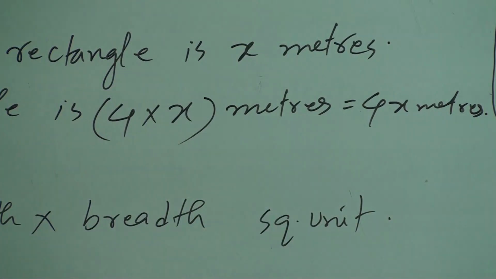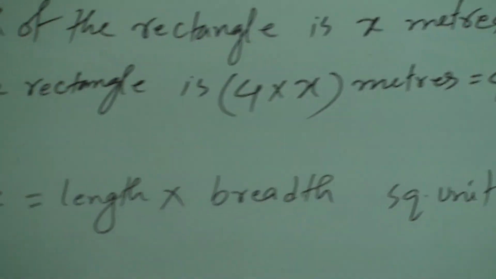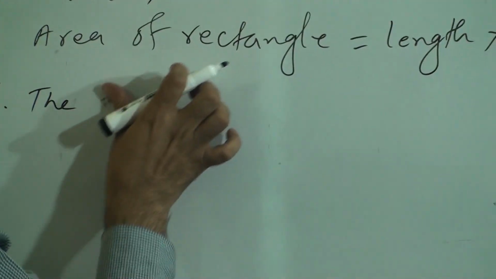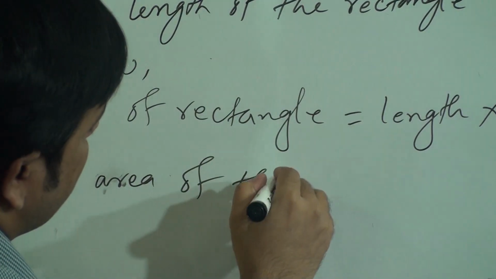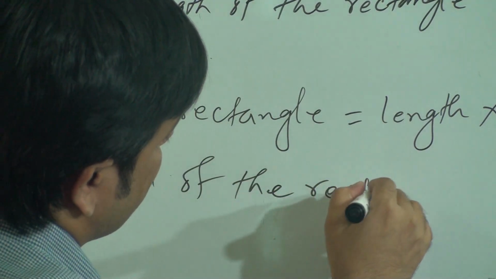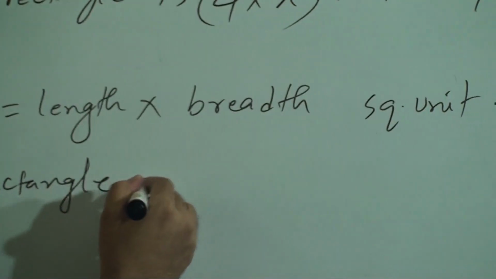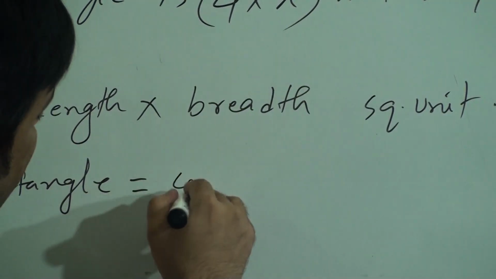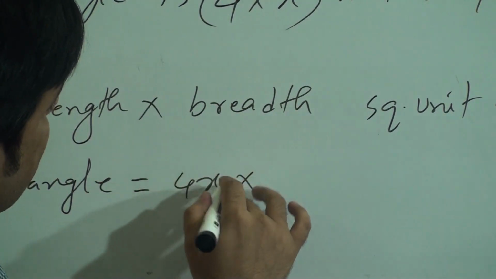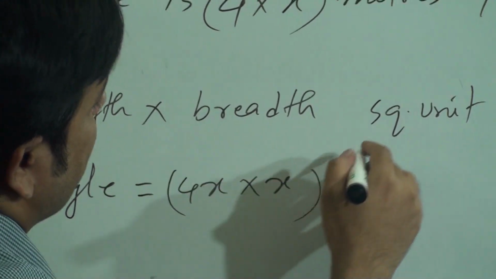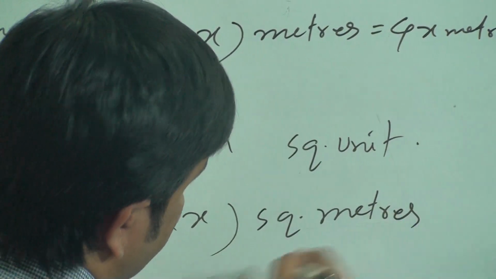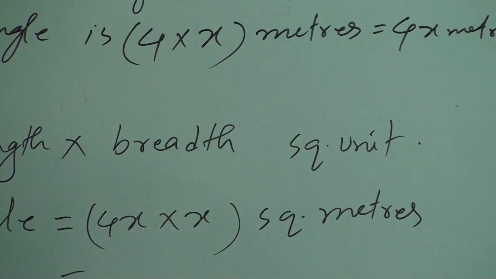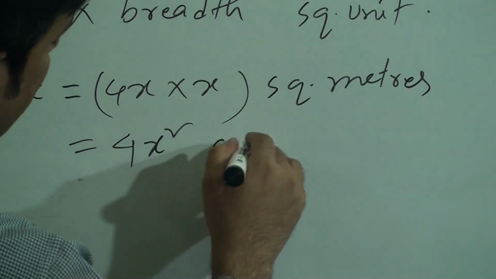So we can write, therefore the area of the rectangle is equal to, here length is 4x into breadth is x. As this is square unit, this will be square meters. Now if we multiply, this will be 4x square, square meters.